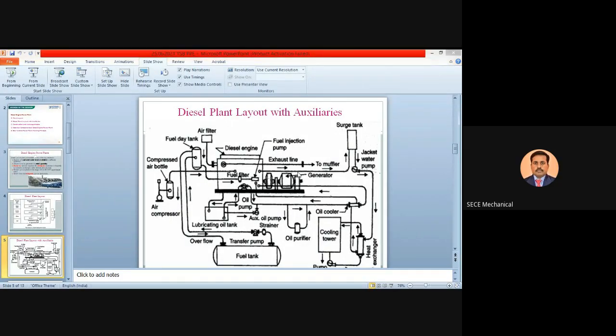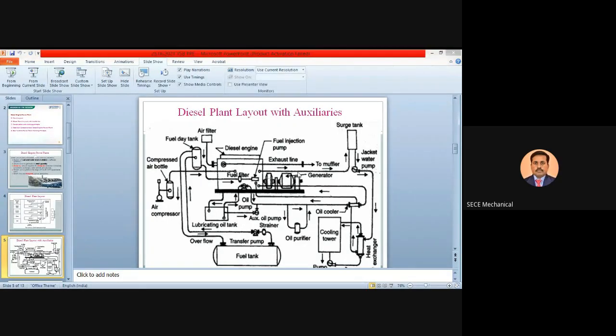All those things combined with our diesel power plant form the auxiliary units of the diesel power plant. Without these auxiliaries, you cannot run a diesel power plant, which is very important.